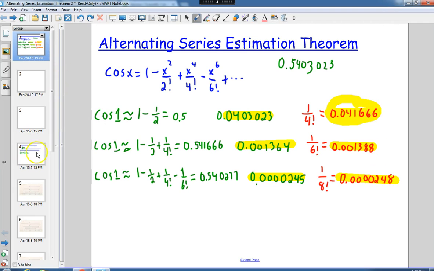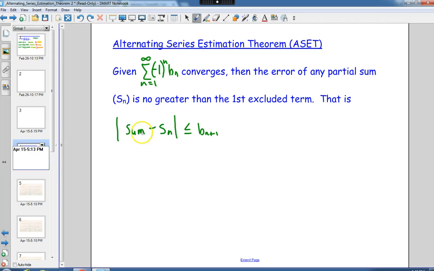And so this is basically what the alternating series estimation theorem says. First, again, you need an alternating series, and you need to know that it converges. The basic idea is that the error of any partial sum is no greater than the first excluded term of the partial sum.